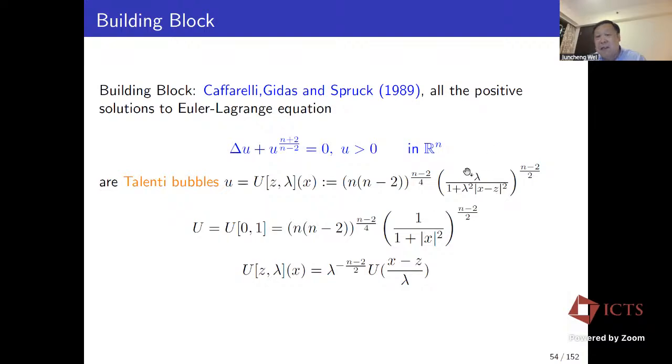You have translation and scaling. And you can write all the solutions in terms of translation and scaling. Okay. All right. So for the standard building block, assume the translation is 0 and the scaling is 1.